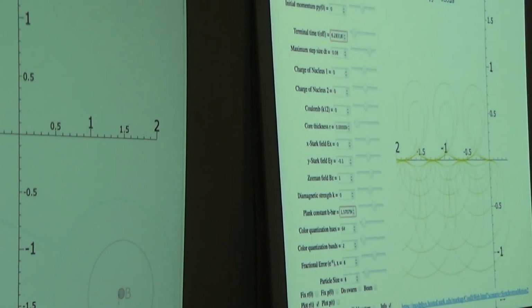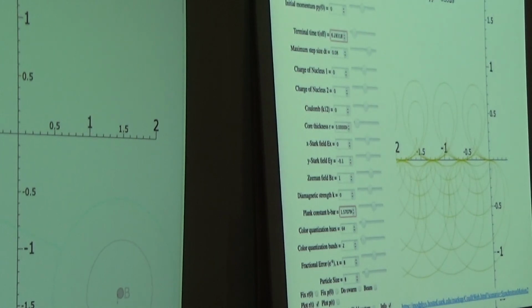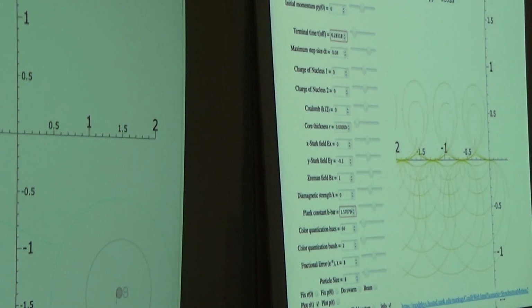But with this particular one, what I'm going to do right away, before we get into the fancy stuff, is get rid of the check here for plotting what we call the swarm. This thing right here, do swarm, I'm going to uncheck that.